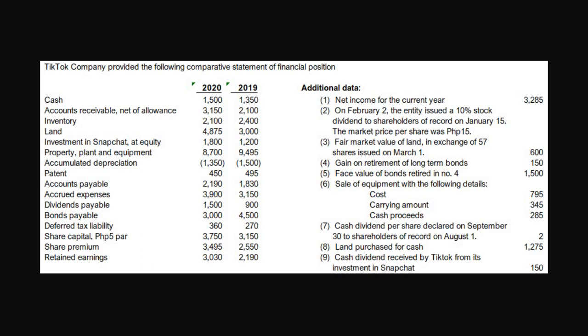Based on the additional data, number 9, cash dividend received by TikTok from its investment in Snapchat is 150 pesos. So we only have one transaction given pertaining to our investment in Snapchat, which is the dividend received for 150 pesos.